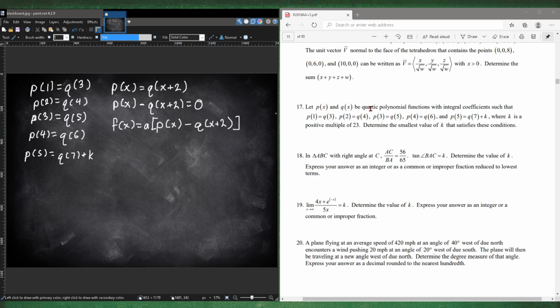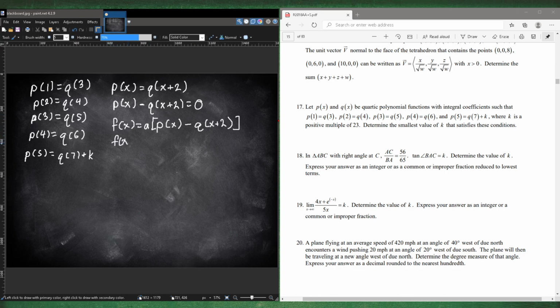Remember, this is a quadratic polynomial function, so P and Q together make a polynomial of the highest degree it could go. If you plug in 1, 2, 3, and 4 and it equals 0, then x equals 1, 2, 3, 4 are roots of f of x. That's just the idea of a polynomial.